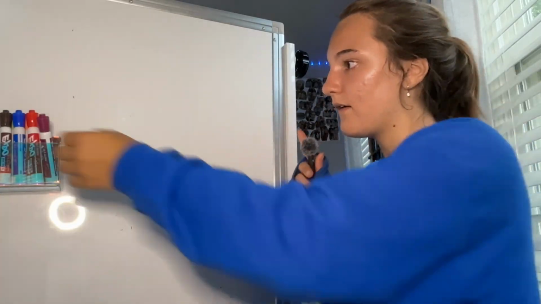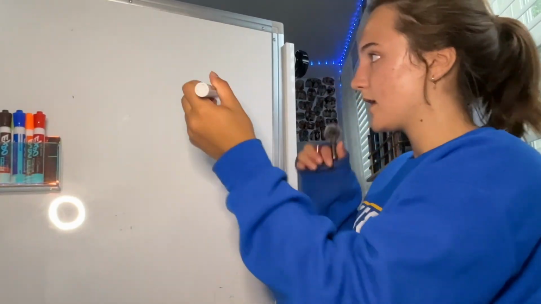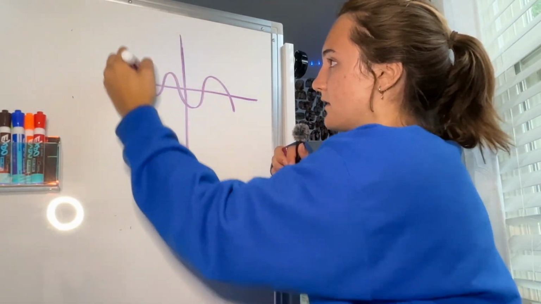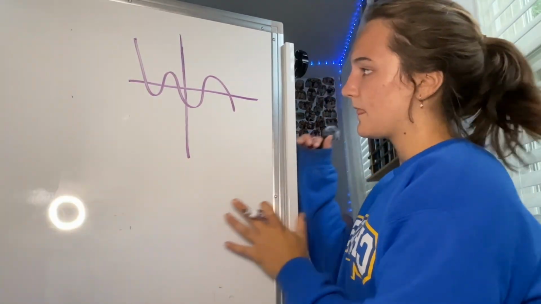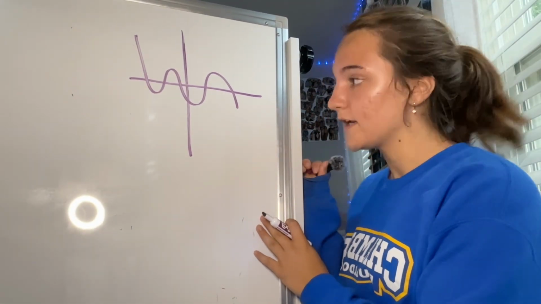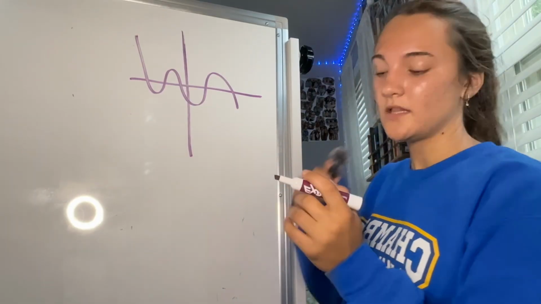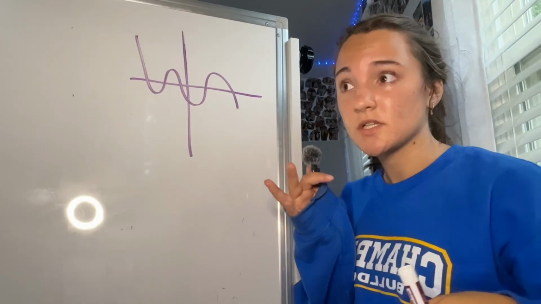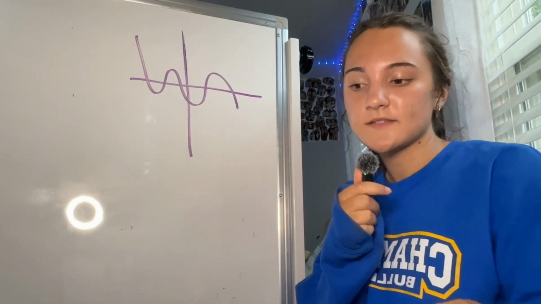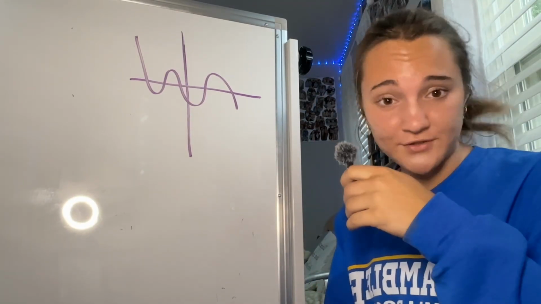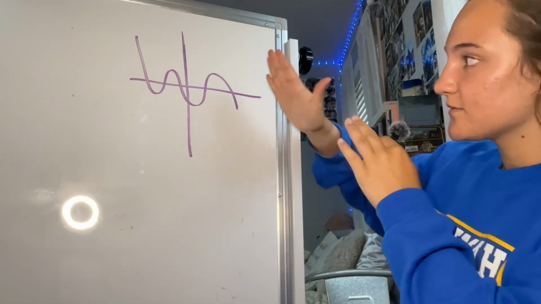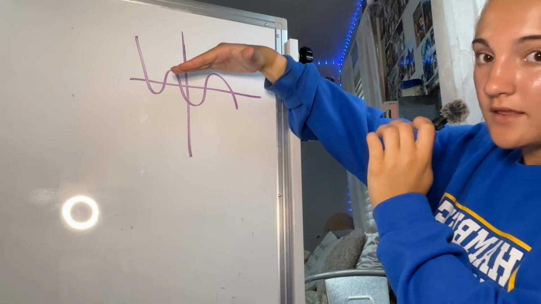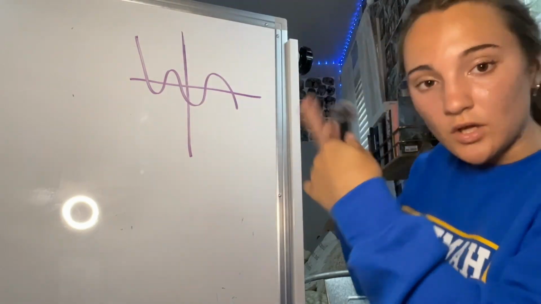So for example, if you have this as your line, or actually, let's use the fine line. The rate of change is obviously very different in each of these spots, but to see if the rate of change is increasing or decreasing, you literally just put your hand to match how the line looks.